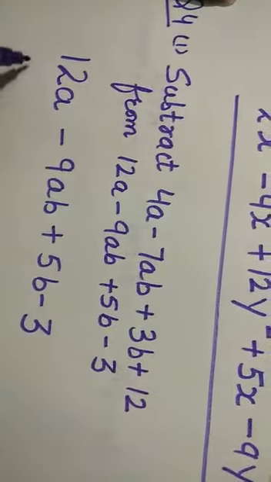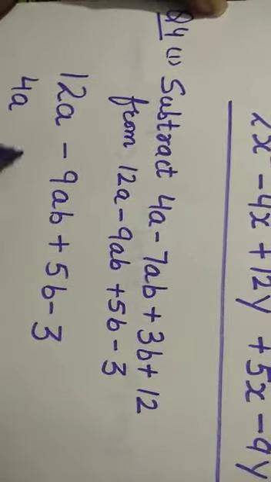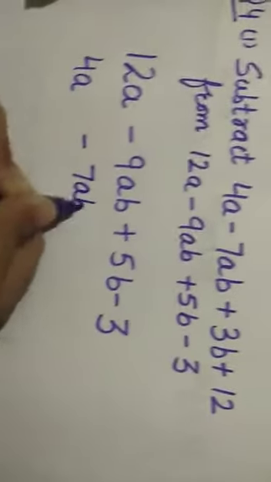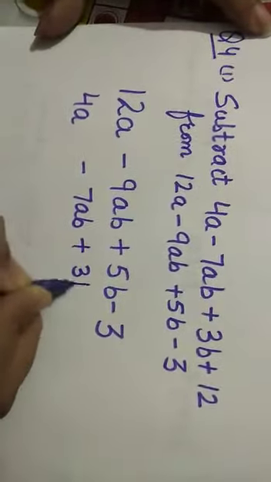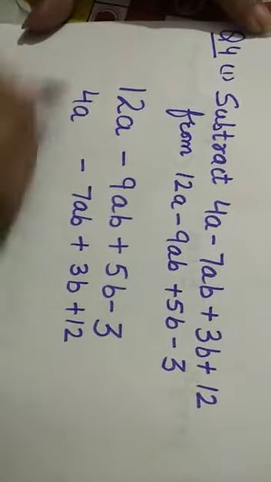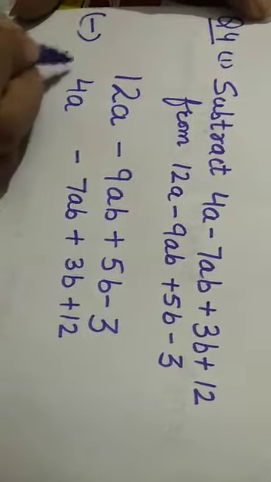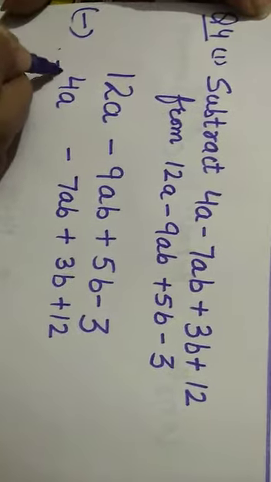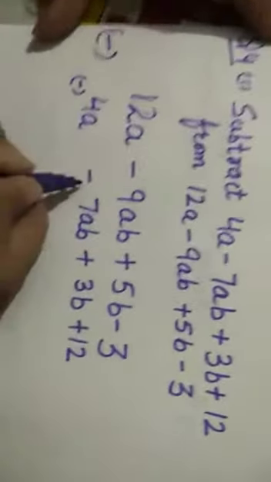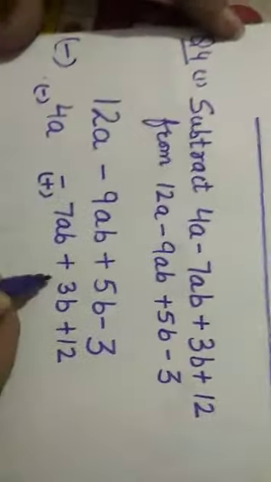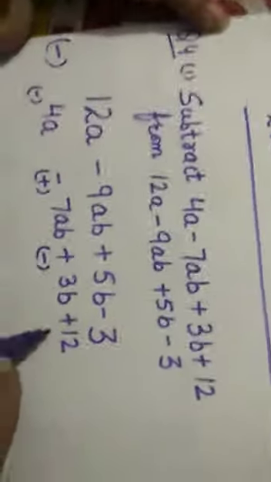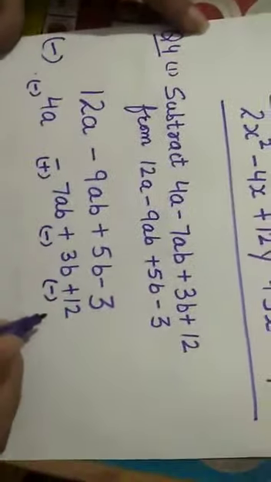Now second one we have 4a minus 7ab plus 3b plus 12. We'll change the sign. We have to subtract it. This is positive, so this will become negative. This is negative, sign will change, positive. Third sign will become negative, and fourth one also.